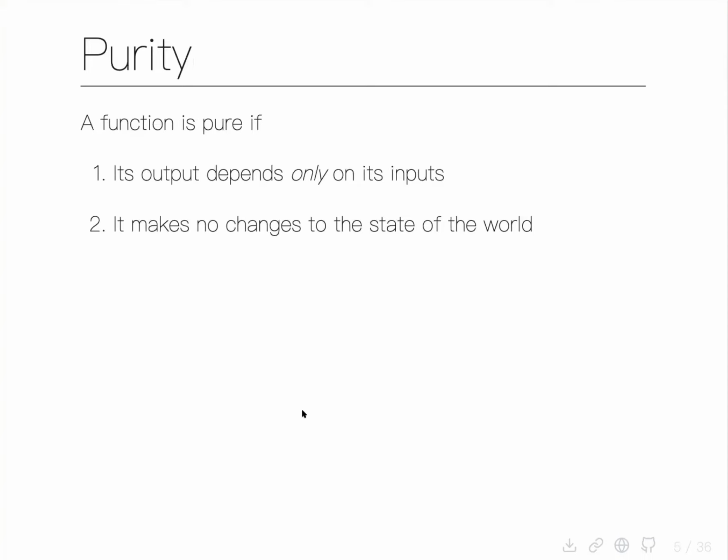Okay, purity. So a function is pure if and only if its output, the thing it's returning, depends only on its inputs. Okay? So the thing that it returns depends only on the things that you feed it. So what does that mean immediately? It means it can't depend on anything that's in your global workspace. The other thing is it makes no changes to the world.